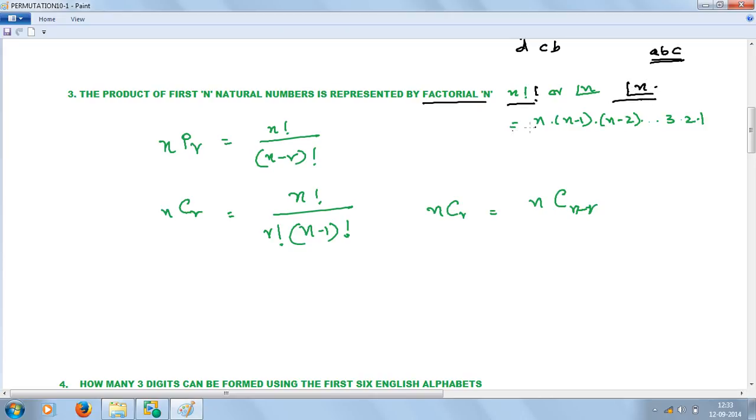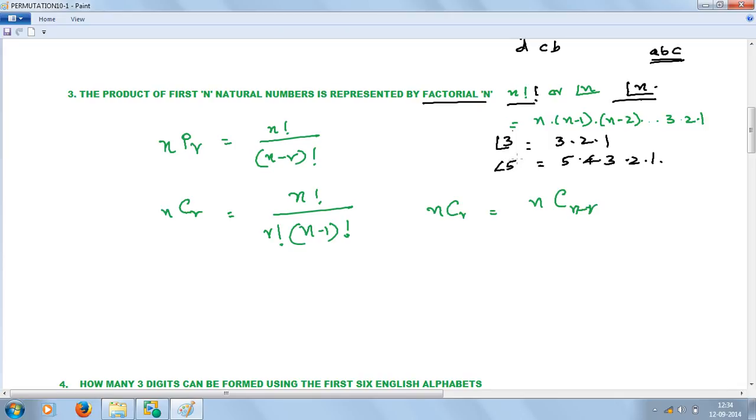It simply means n multiplied by n minus 1, n minus 2, and so on up to 1, natural numbers. So instead of writing all the digits, we use this factorial n. Factorial 3 is equal to 3 multiplied by 2 multiplied by 1. If it is factorial 5, it is 5 multiplied by 4 multiplied by 3 multiplied by 2 multiplied by 1.